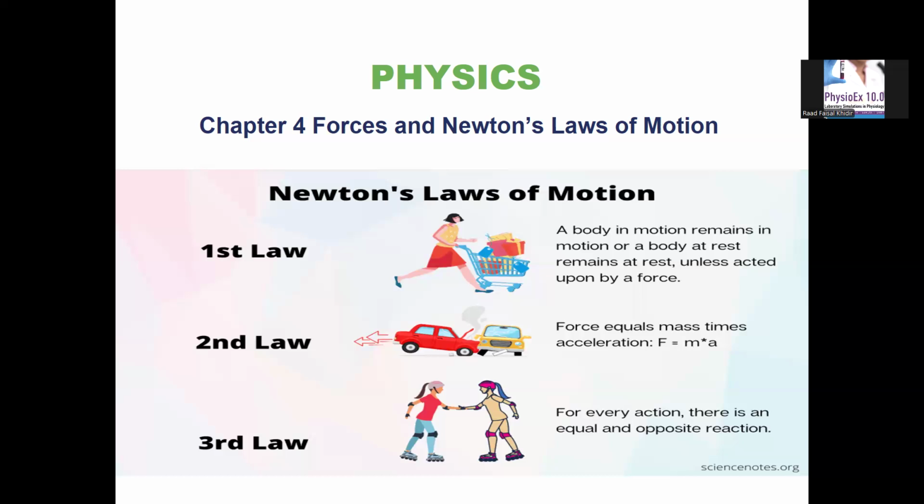If we look at the laws of motion for Newton, they come in this order. Three laws. The first one is the law of inertia. Inertia says that a body in motion remains in motion, or a body at rest remains at rest, except if it is acted on by a net external force.